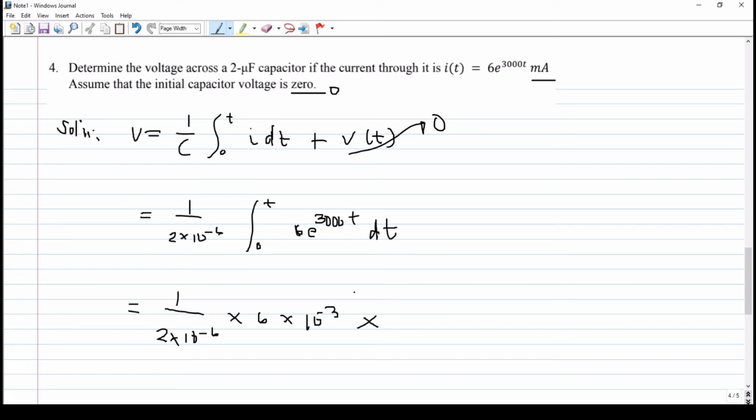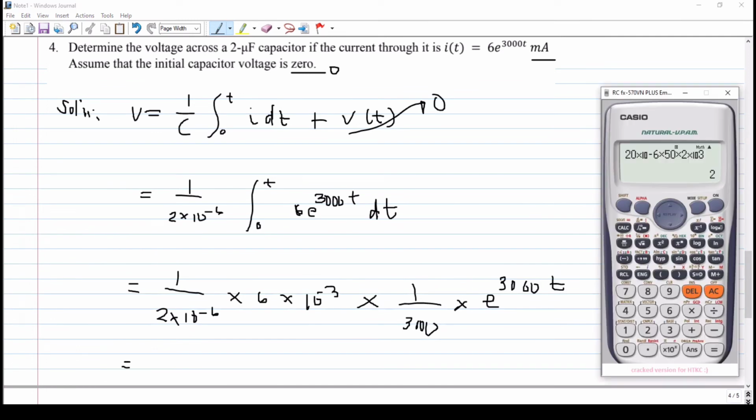Then times the derivative of this, that is 3000. Okay, so 1 over 3000 times e to the power 3000 t. So what is the equivalent?